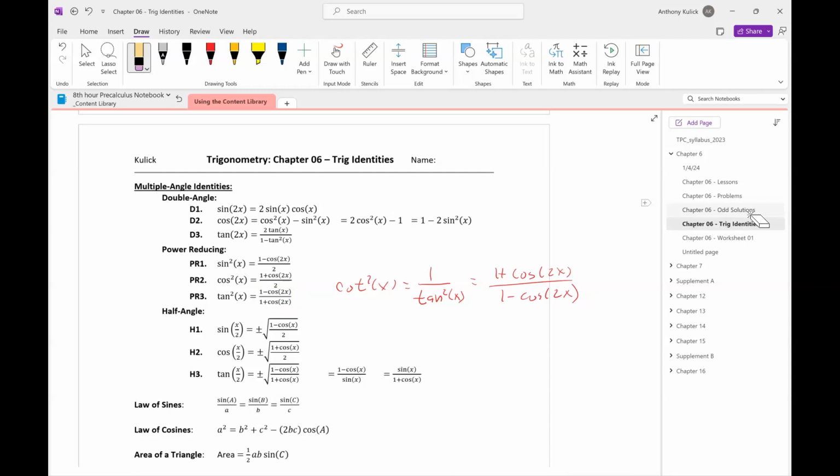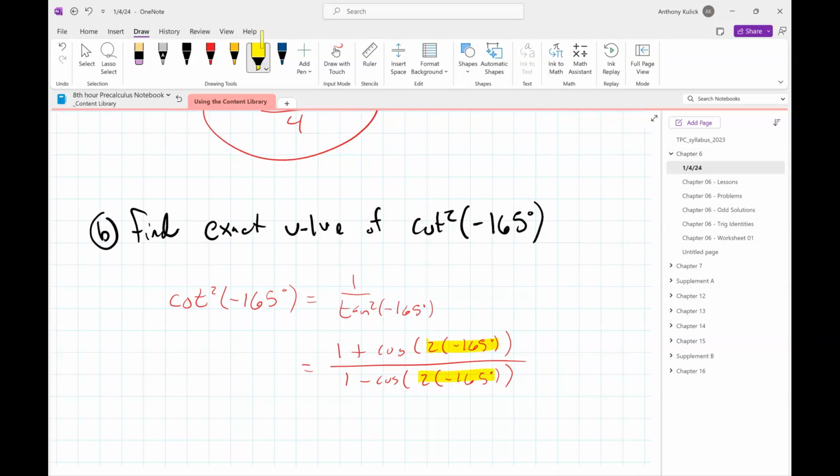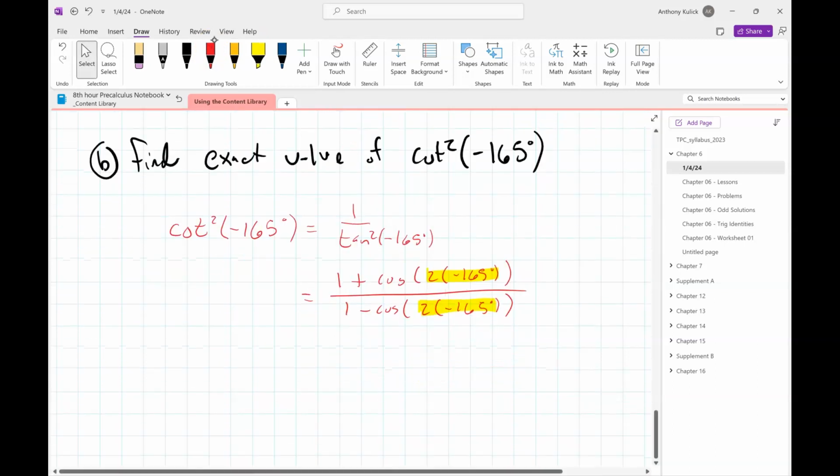Reciprocal of cosine squared, etc., etc. Again, the first thing I'm going to do is multiply the 2.